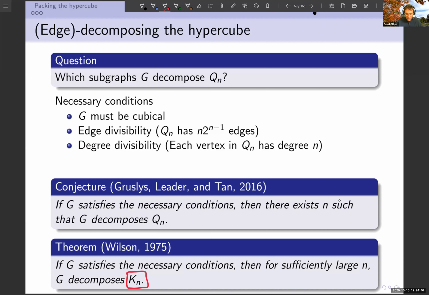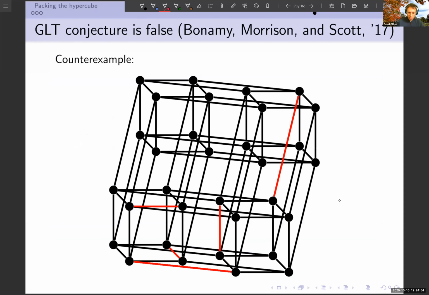Okay. So Gruslys, Leader, and Tan made this conjecture, which seems like it should be the next step in the story, but it's false. So Bonamy, Morrison, and Scott in 2017, and I was just talking about how we lost track of what year it is, came up with this counterexample, and you can generalize it, so it's a whole family of things.